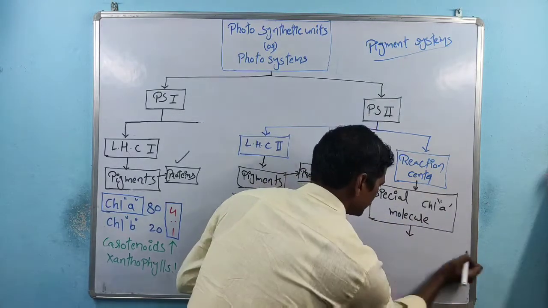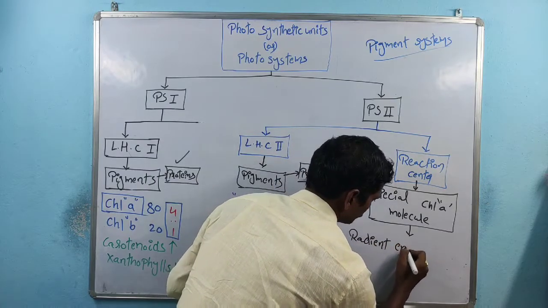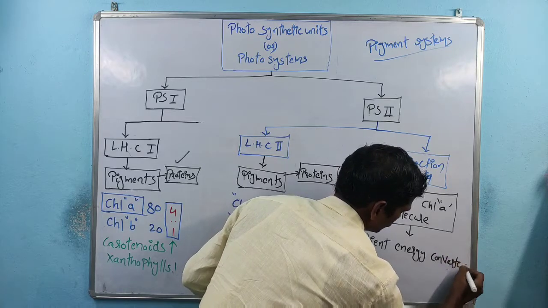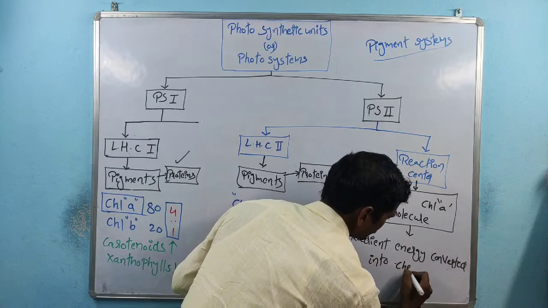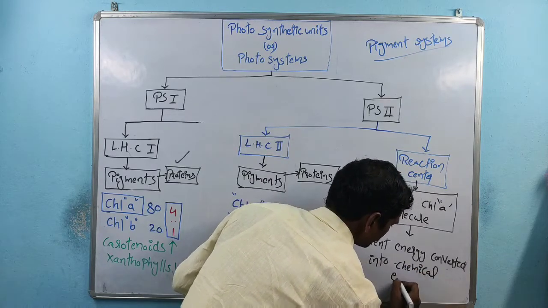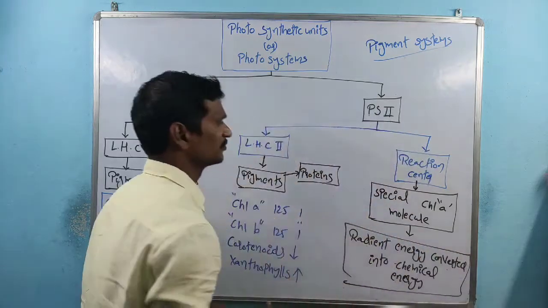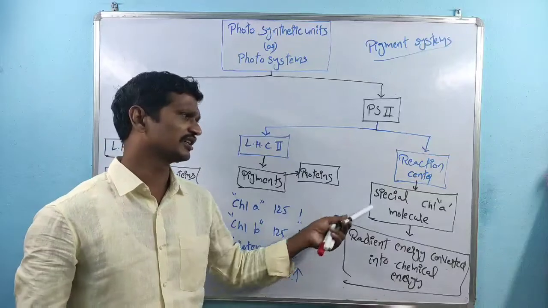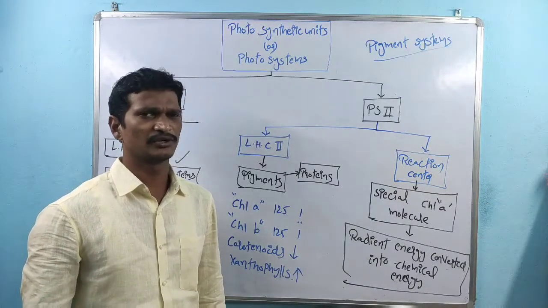So the radiant energy is converted into chemical energy. Very simple. Within the PS2 reaction center it is the same thing; there is no change here. Special chlorophyll A molecules are present, and the radiant energy is converted into chemical energy.